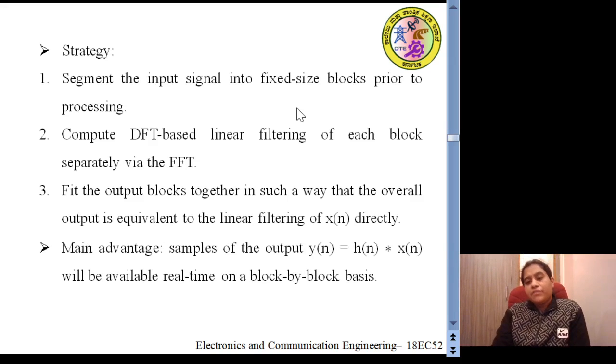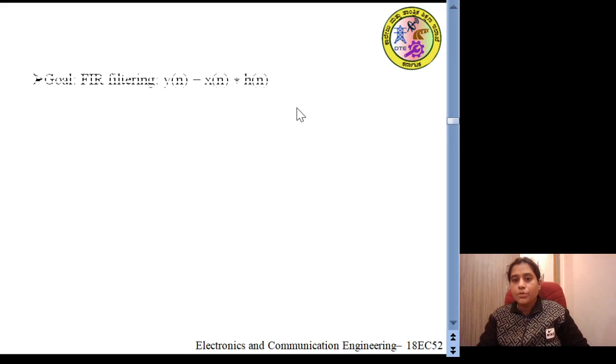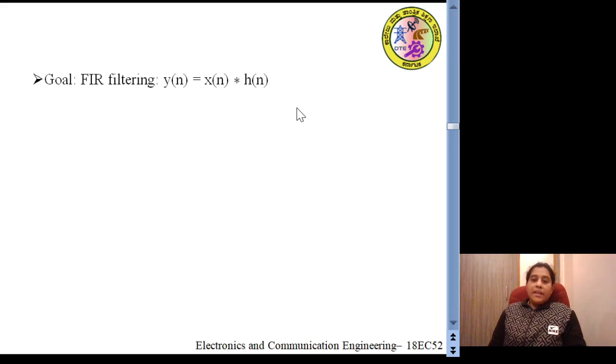The main advantage of this method is that the samples of the output y of n, which is equal to the linear convolution of x of n with h of n, will be available in real time on a block by block basis.